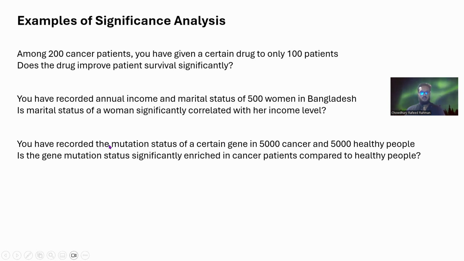Then this is another one. So suppose you have recorded the mutation status. So you know that we have DNA, and in DNA we have mutations. So you have recorded the mutation status of a certain gene in your DNA in 5,000 cancer patients and 5,000 healthy people. The question is, is the gene mutation status significantly enriched in cancer patients compared to healthy people? So it just means whether cancer patients have significantly more of this mutation compared to the healthy people.